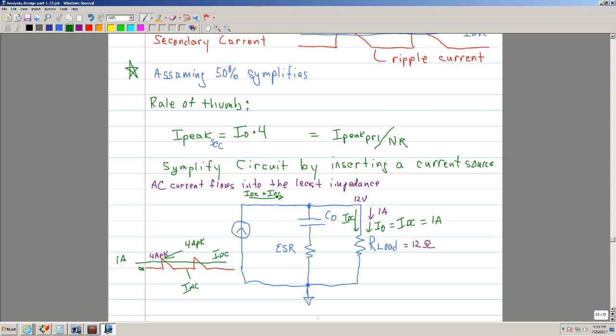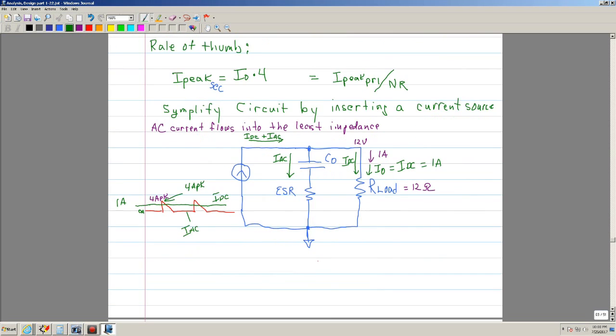And the AC, since it's frequency dependent, will typically flow through the least impedance, and typically you want it to flow right here. It'll make a little more sense in a bit.